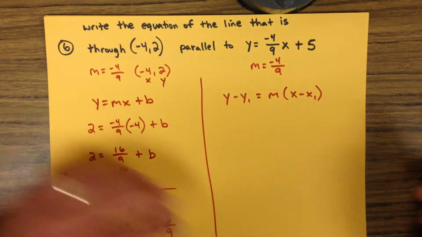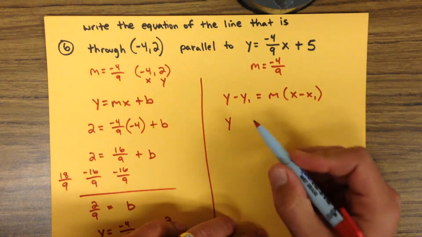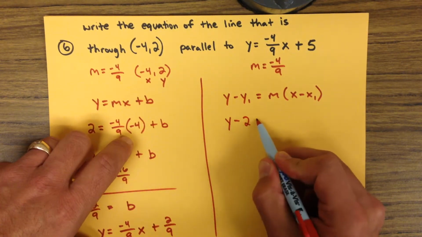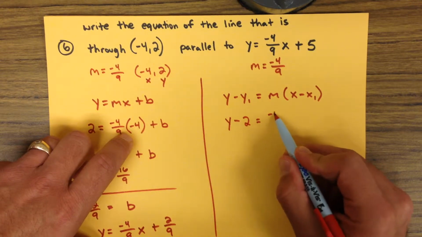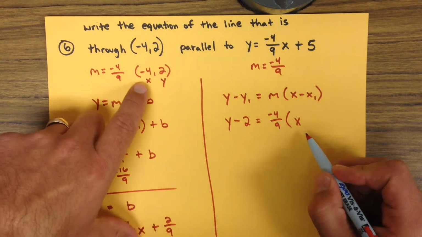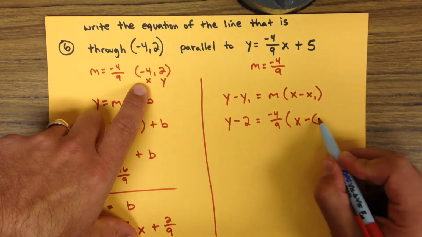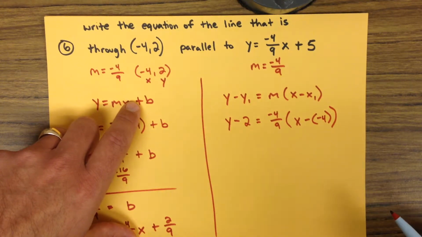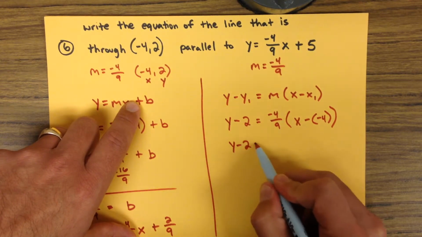Okay, let's see how it looks over here. So y minus 2 equals, I need the same slope, x. Now if I'm going to subtract -4, that's actually going to turn into a positive. So let me rewrite that quick.